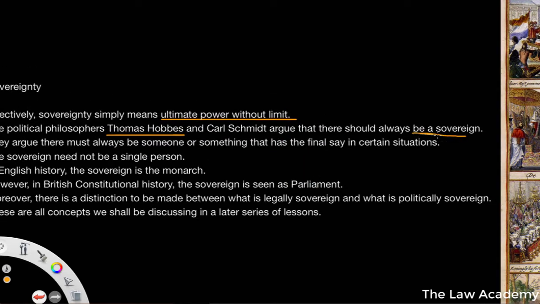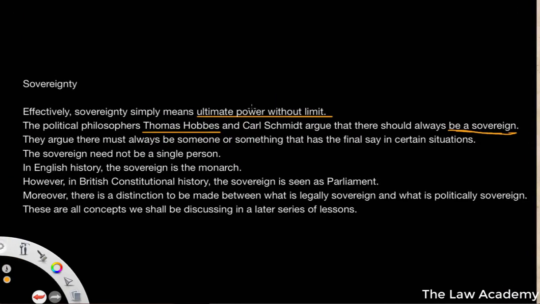They argue that there should be a person or institution that has sovereignty over everything else, and that there must always be someone or something that has the final say on certain situations.